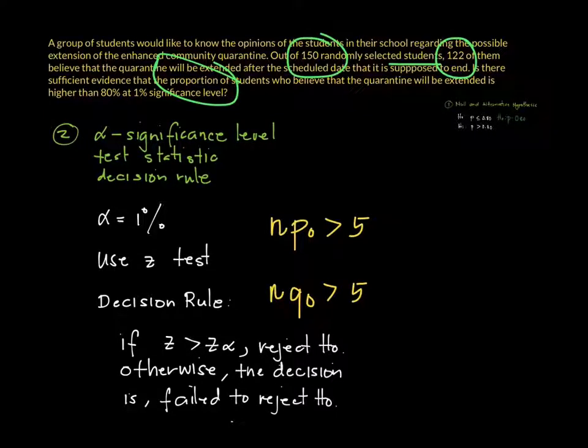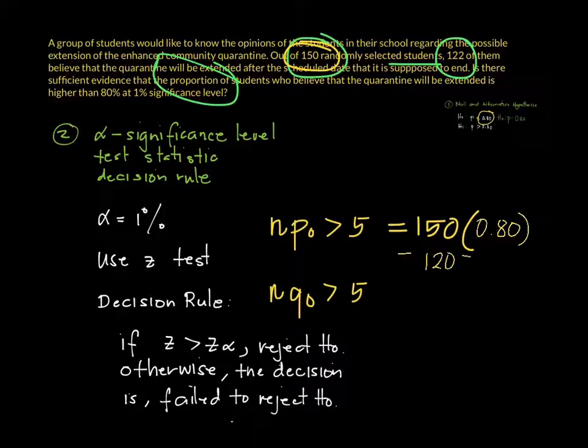Now from the data that we have, n is 150, and p sub 0 is the hypothesized proportion, which is 0.80. So 150 times 0.80 is 120, which is obviously bigger than 5. So condition number 1 is satisfied.